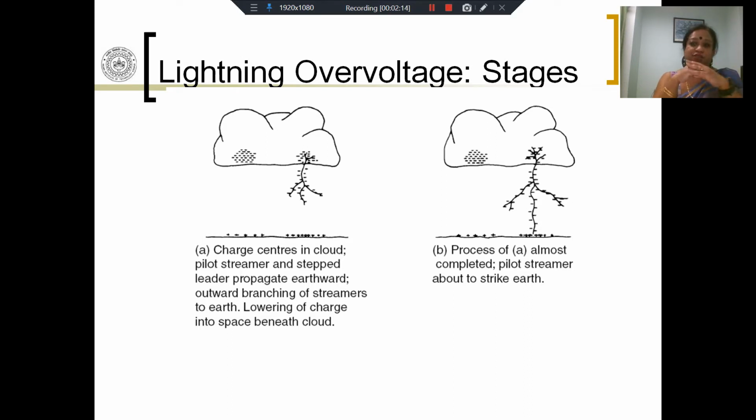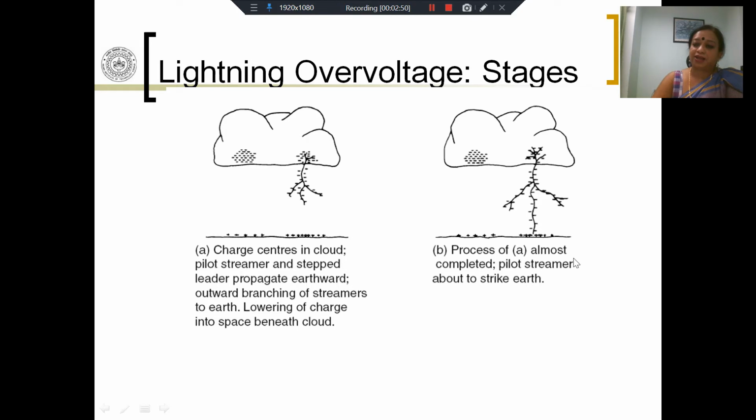The net effect of this first step is the lowering of the charge that was originally in the cloud into the space beneath the cloud. Now, as this process continues by stepwise propagation, there will come a situation where the pilot streamer takes the lead, and it moves forward and reaches very close to the earth first.